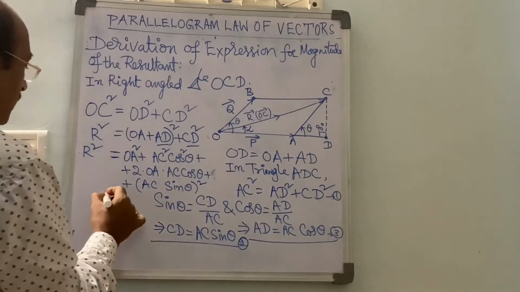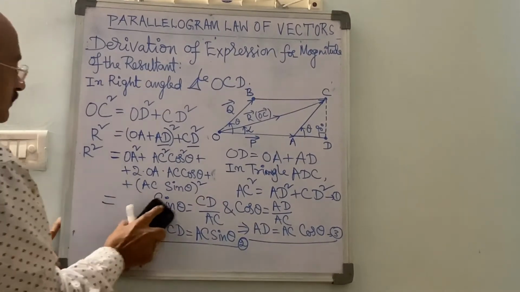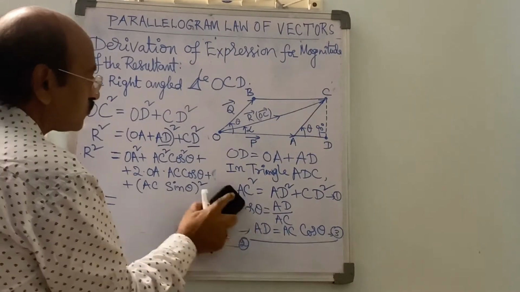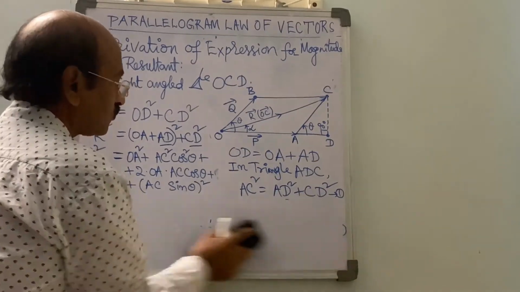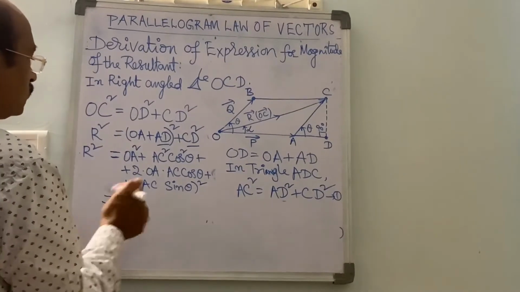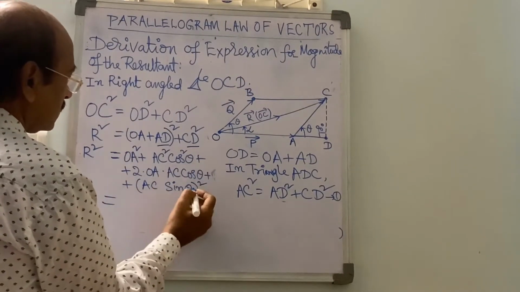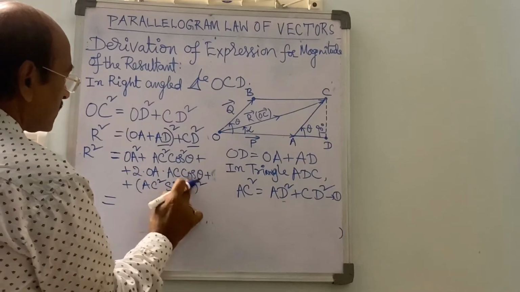So by simplifying, OA square, here this may be written as AC square sin square theta.